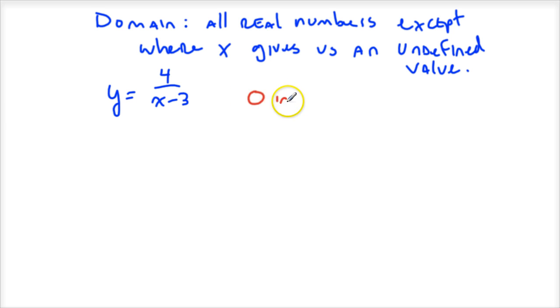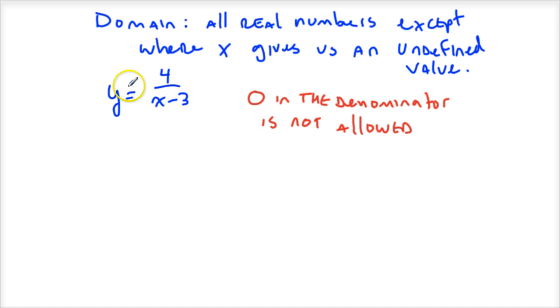So 0 in the denominator is one of our undefined values, and is not allowed. So for this equation here, this relation, I would say the domain is all reals except for x equals 3. So since 0 in the denominator is not allowed, that means x equals 3 is not allowed.